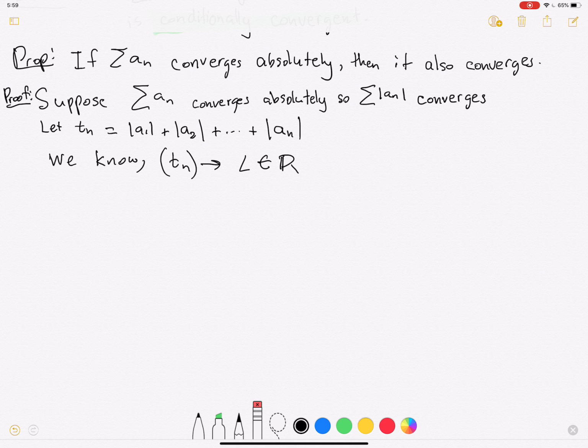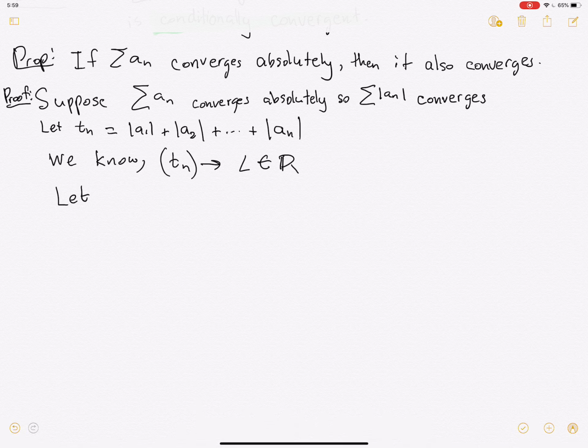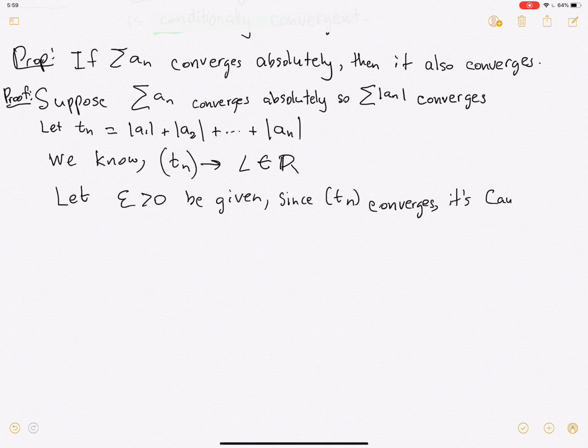So now we need to just close that. Let epsilon greater than 0 be given. Since T_n converges, it's Cauchy.